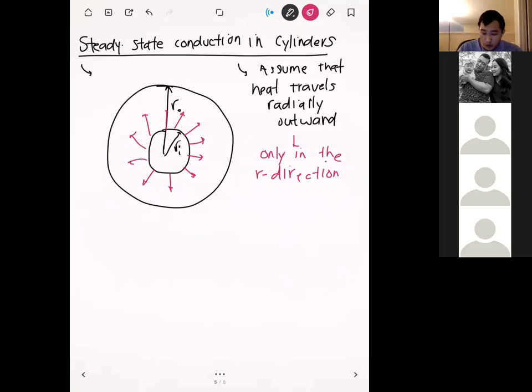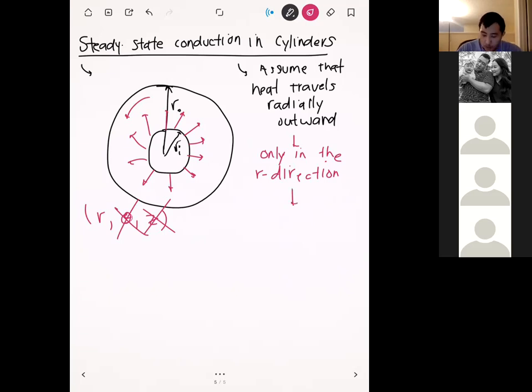If you remember your cylindrical coordinates, we have 3 different coordinates: R, theta, and Z. Theta is the direction that goes around the cylinder, like this. That's your polar coordinate. And Z is the direction down the barrel of the cylinder. For everything we're going to be doing this week and next Monday, we're going to ignore theta, and we're going to ignore Z. So everything is strictly in the R direction.